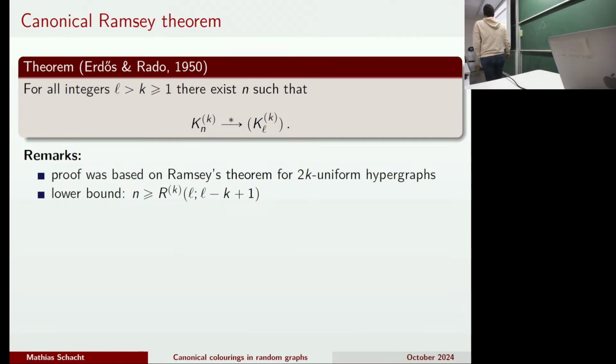Basically the number of partitions you can form there, and then they applied Ramsey's theorem for 2k-uniform hypergraphs for that number of colors, and then you can show that if you have a large monochromatic clique, only these canonical patterns don't create conflicts. The other ones at some point just don't fit, right?